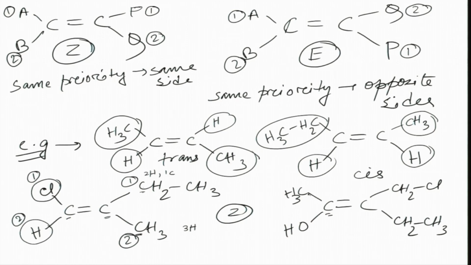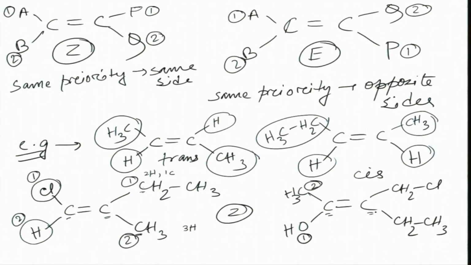This carbon is bonded to 1 carbon and 1 oxygen. Since oxygen has a higher atomic number than carbon, oxygen will have the higher priority. So, the OH group will have the first priority and the methyl group will have the second priority.